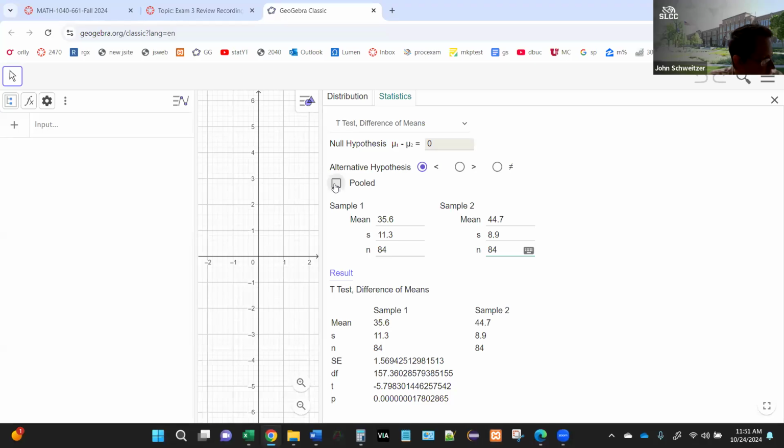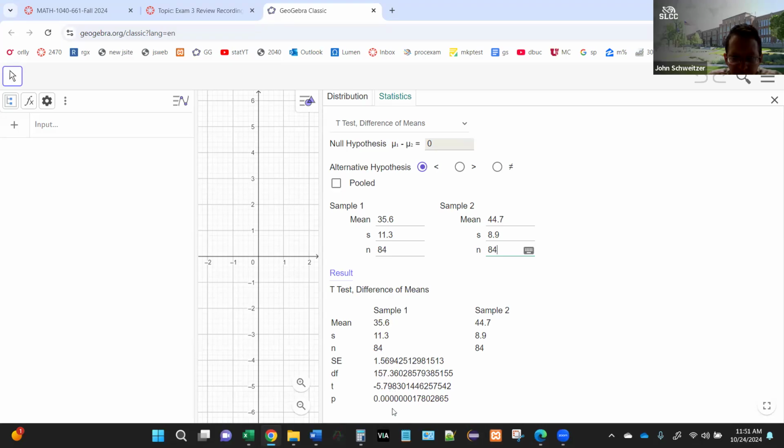And we don't have reason to believe that here. It's basically just a big assumption. Sometimes assumptions are good, but typically it's just not going to be the case that it'll be pooled. So for our class, always leave this unchecked. We're not going to pool the standard deviations together there, and we've got it.